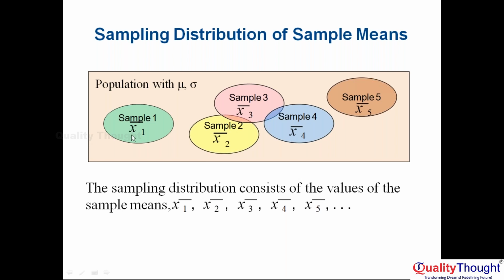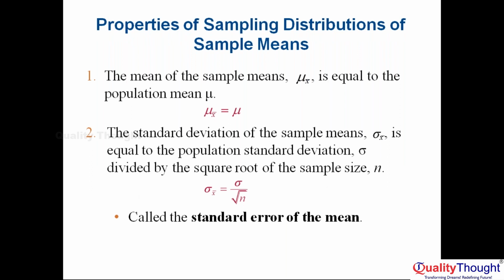Each x1 bar represents the mean of sample 1, x2 bar represents the mean of sample 2, x3 bar represents the mean of sample 3, and so on. If you make a distribution of all these means, then that distribution can be called a sampling distribution.